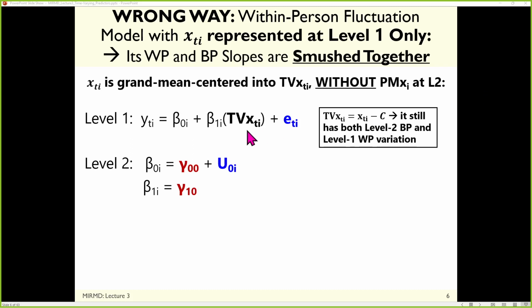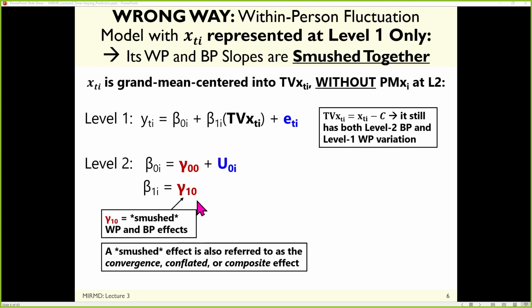The naive way to talk about a time-varying predictor is just to stick it in the level 1 equation, the same place where Y_ti is, we got time-varying X_ti, and call it good. So what you end up with, if you do this, you might center it at a constant. That part actually doesn't matter, other than for the usual reasons. The fixed effect that you end up with for that time-varying predictor's slope is what I refer to as a smushed effect.